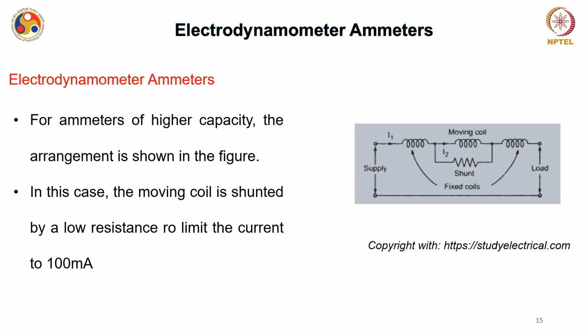Okay. So, for ammeters of higher capacity, the arrangement is something like this. In this case, the moving coil is shunted by a low resistance to limit the current to not flow beyond say 100 milliamp.